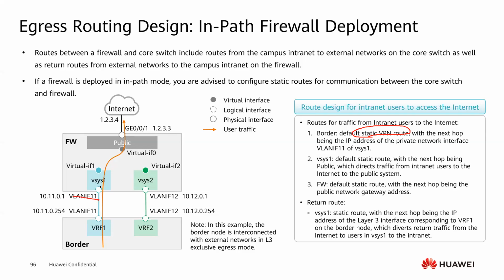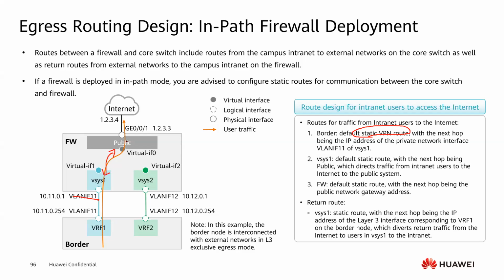And for the V6 one, it's matched to VRF1. It also needs to configure a static route, just the IP route static 0.0.0.0 with a mask of 0, and the next hop is to the public. So between this part, you also need to configure a static route.